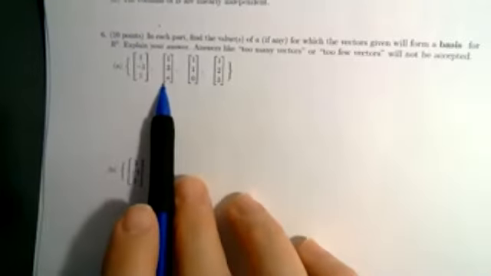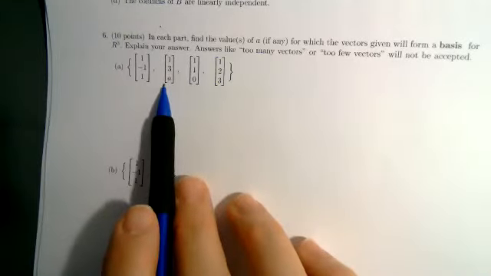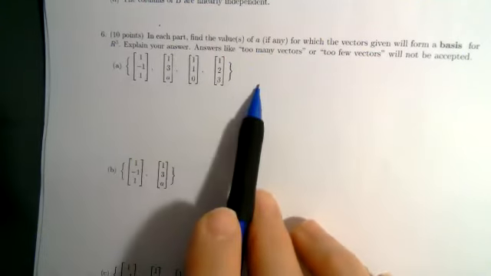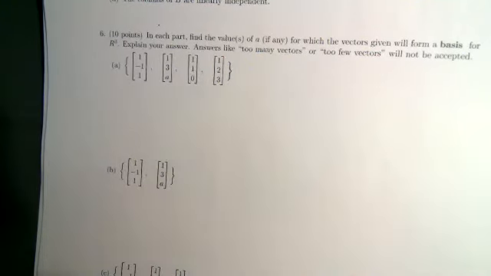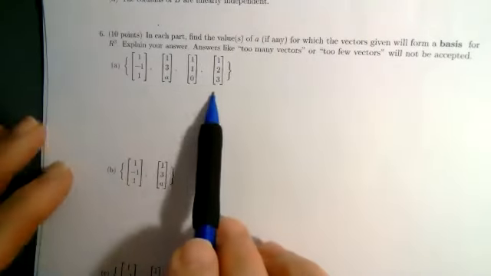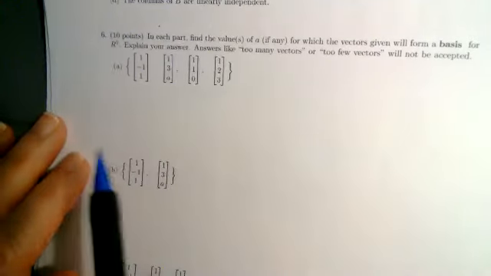Part A: is there any value of A which can make those vectors a basis? Yes or no, with justification. I need 2 more minutes and then you will be on your own. Is there any value of A that will make those 4 vectors a basis for R3? What do you think?